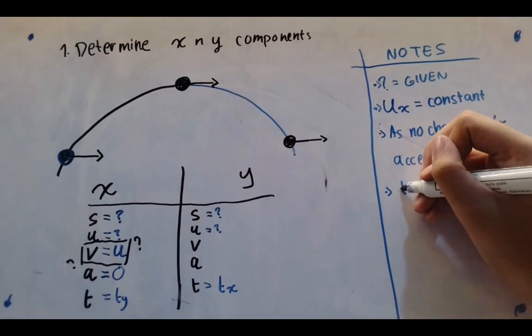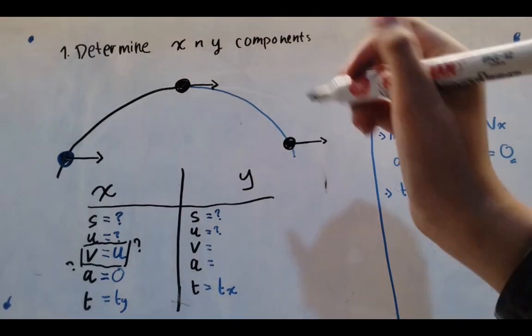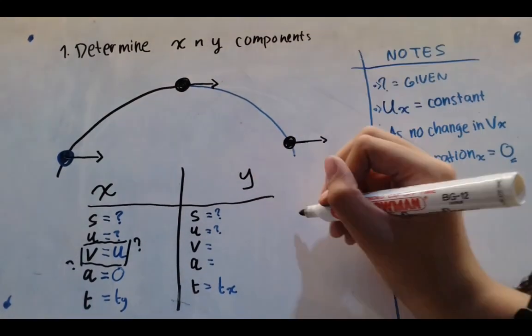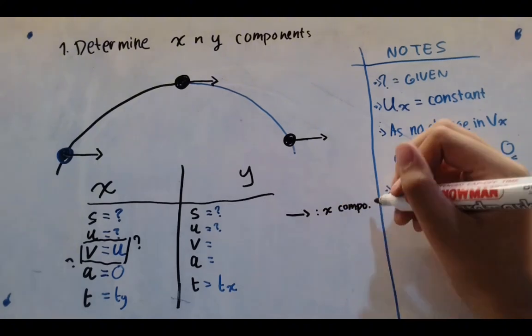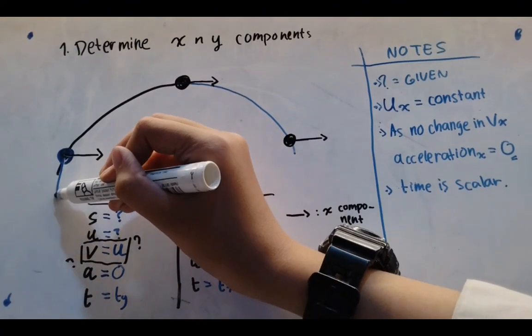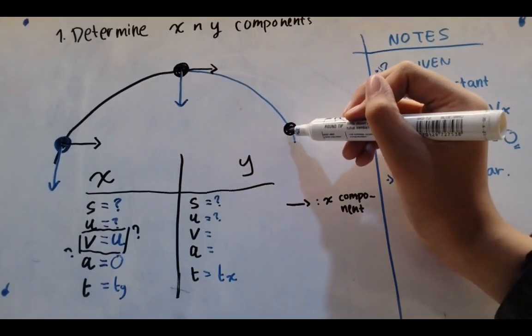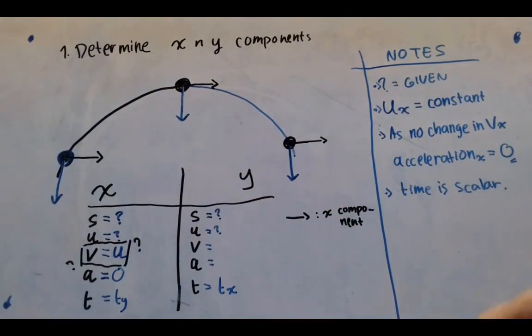And lastly, for the t, the time will be equal to the time in the y component, as time is a scalar, so it doesn't have direction. Moving on to the y components, we can see that there will always be gravity, right? And gravity equals 9.81.